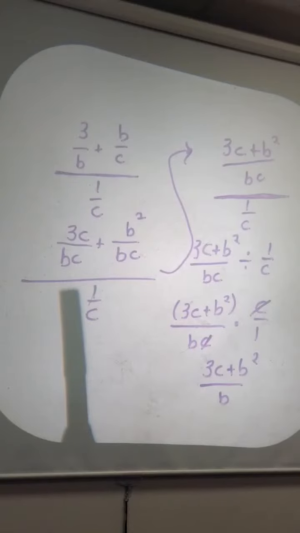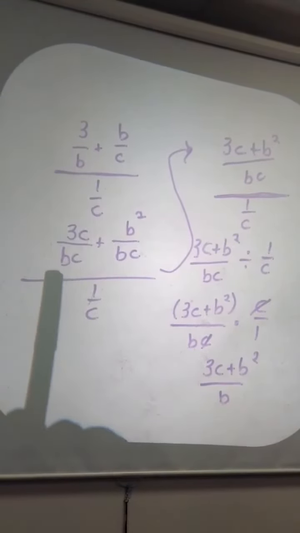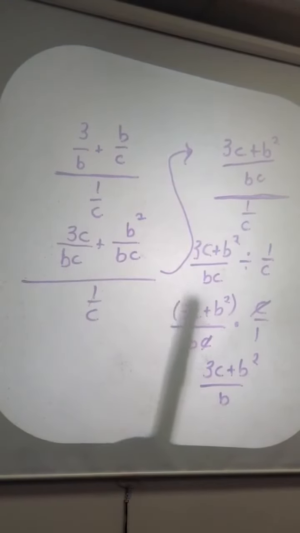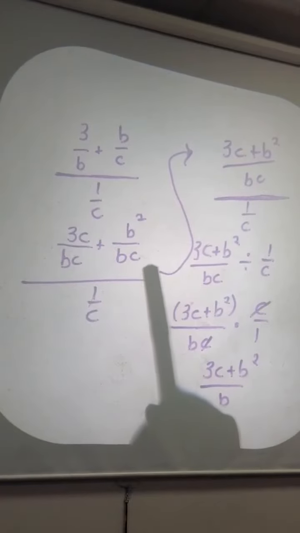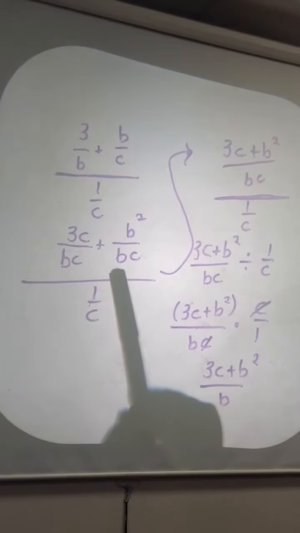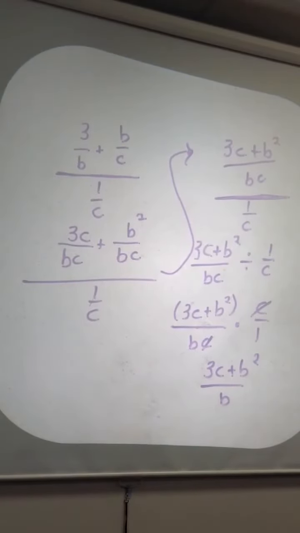I don't think I understand your question. See, we already had a B, so to get the BC, we multiply this by C, and we do have to multiply the numerator by C. And over here, we already have the C, so we multiply this by B, so you have to multiply that by B, and that's where you got the B squared. Wait, is that only in this kind of problem, or in any other kind of fractions?